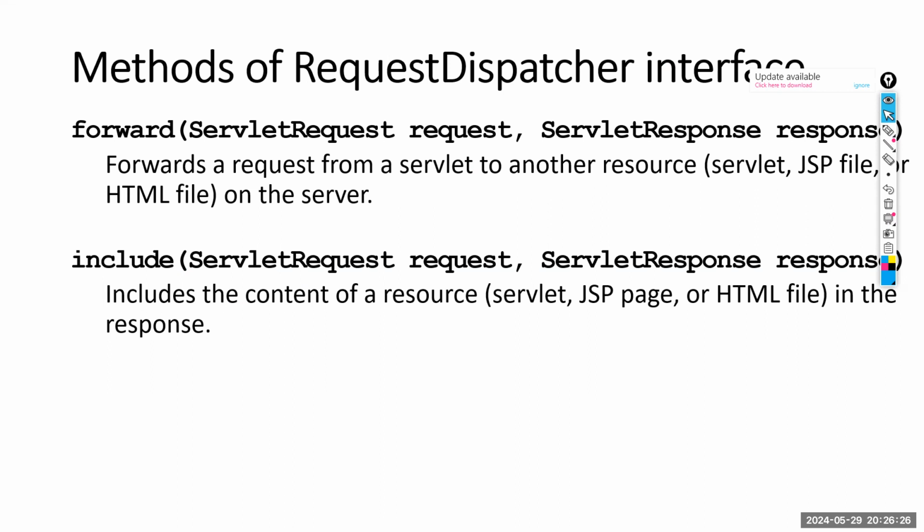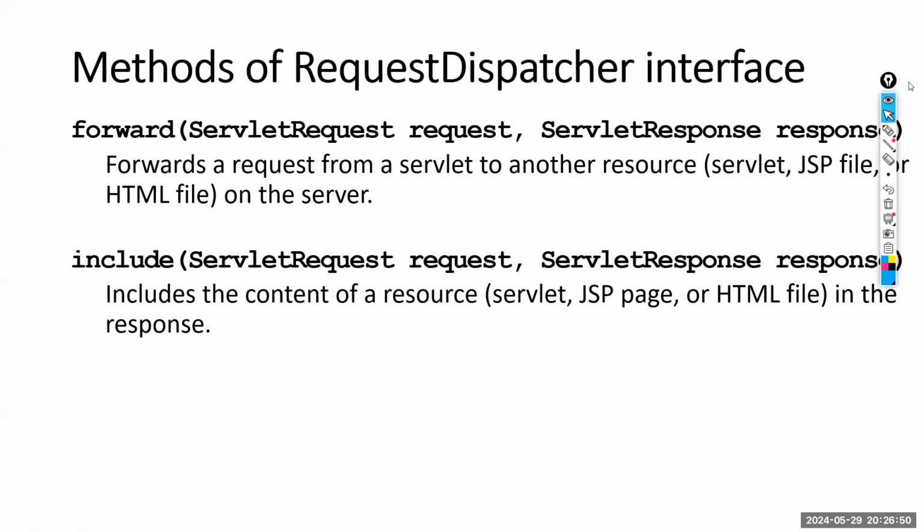From one HTTP request, maybe you can do a little bit of processing, and depending on some of the results, maybe you do the further processing in another servlet. Okay, so that is possible. So you have two options, either forward or include.